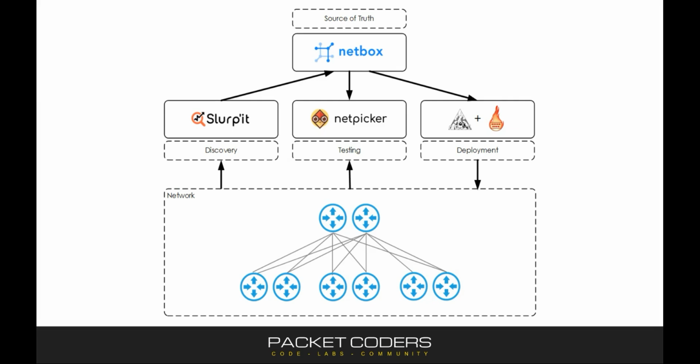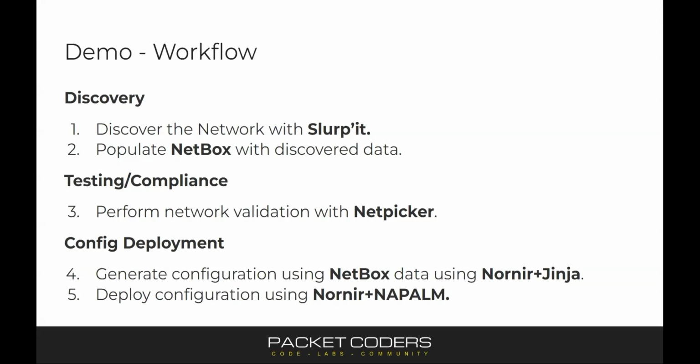Now, the workflow that we're going to be working through today is going to look like this. So we're going to discover our network using Slurp'it. There's a Slurp'it NetBox plugin, and we're going to populate NetBox with this data. For our example, we're just going to do this with a couple of devices, just 2 spine devices. So we've got this data then within NetBox.